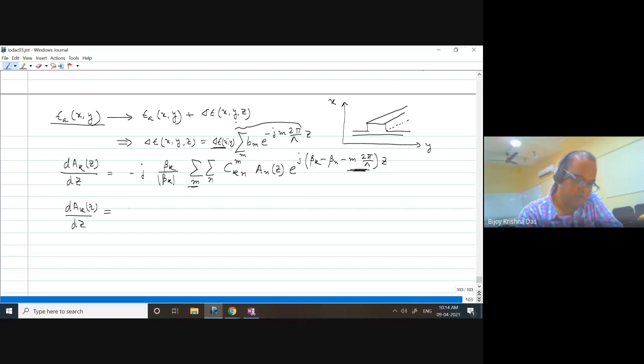I will come to that point a little while later for the general solution. Just writing here for clarification. Here we will be writing just n, and then we'll be writing ckn. No need to write m, that means the different harmonics of the periodic perturbation, and you will be writing just Anz e to the power j beta k minus beta n.